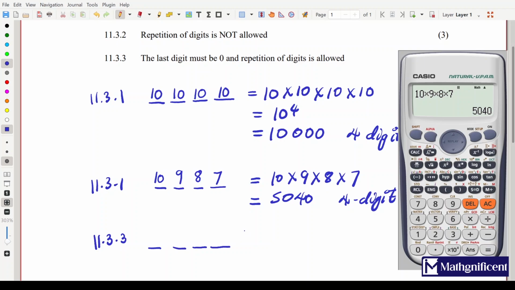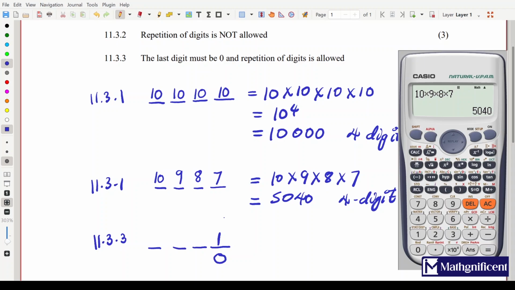But just because we have a restriction, the last digit can only be 0, or must be 0. How many zeros do you have from 0 to 9? It's only 1, right? So we have one choice here to choose the last digit.